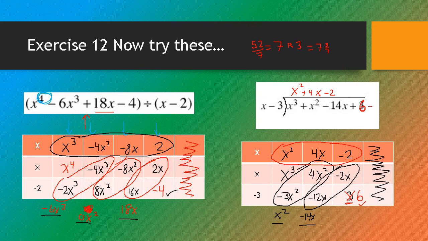So to make up for it, I rewrite the 3 as 6 minus 3, which is equivalent, but it shows that the negative 3 right here is my remainder.